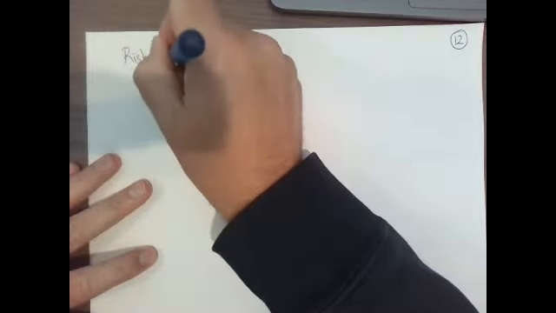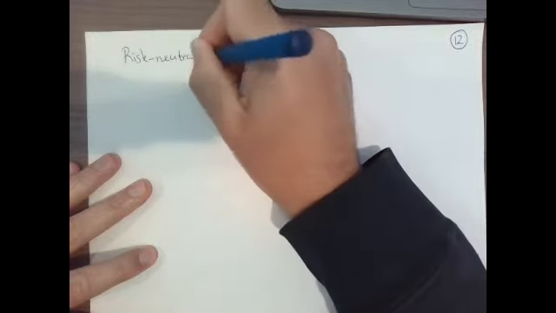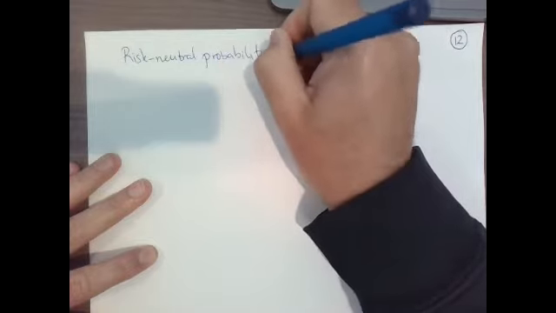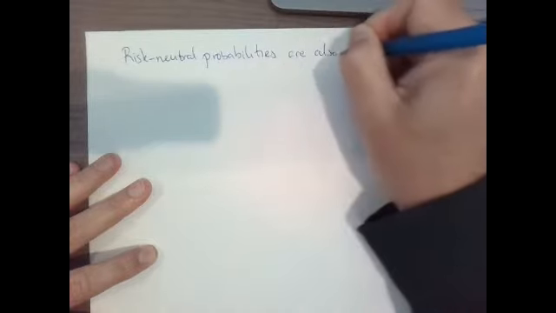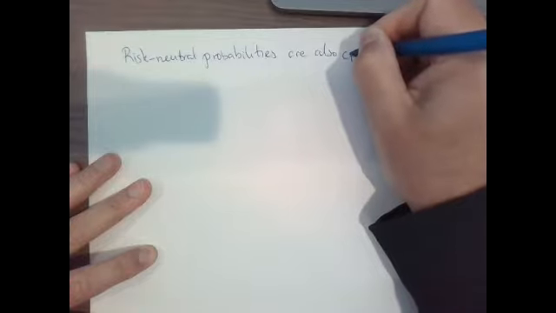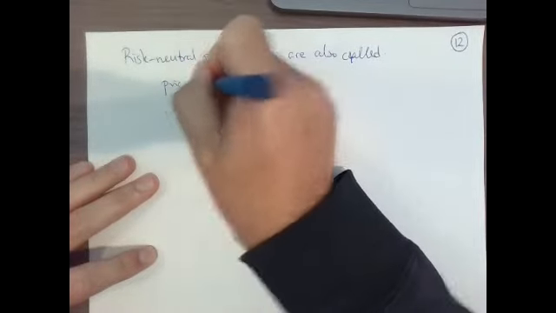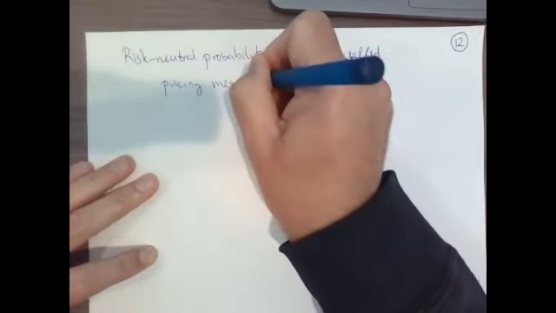So we have this risk neutral set of probabilities, and they have different names, as so many other things in this course. Risk neutral probabilities are also called the pricing measure.